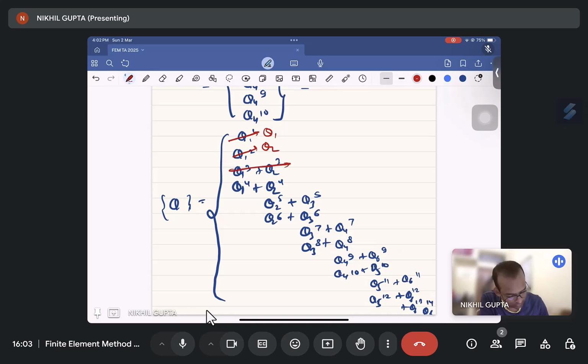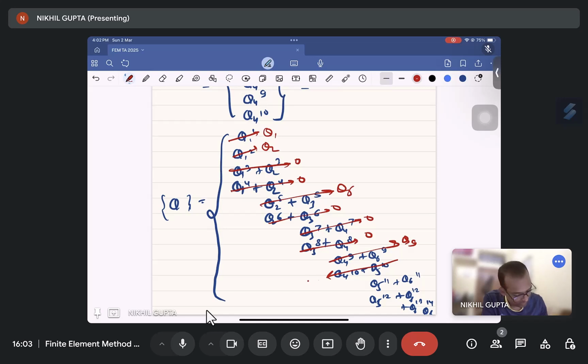That's it. So this will give you some Q1, this will give you some Q2. These both we have proved as 0. We have shown this is also 0. This is Q5, then Q6 is 0, Q7 is 0, Q8 is 0. This will come to Q9 because 1, 2 and 9 have the reaction forces.